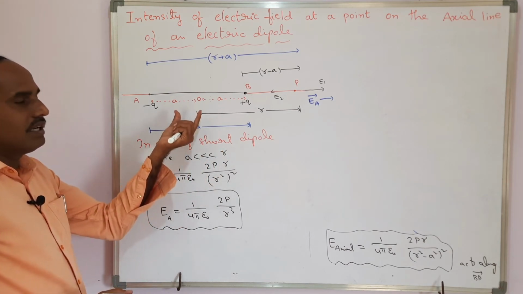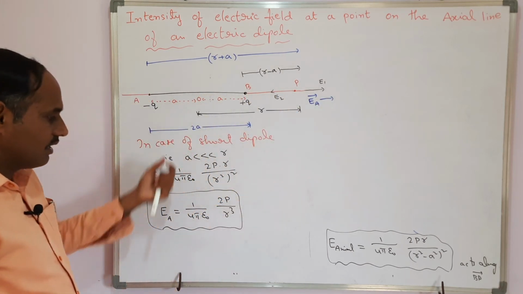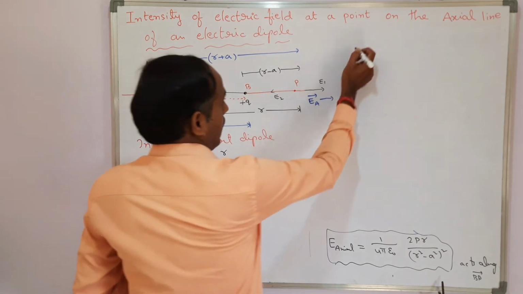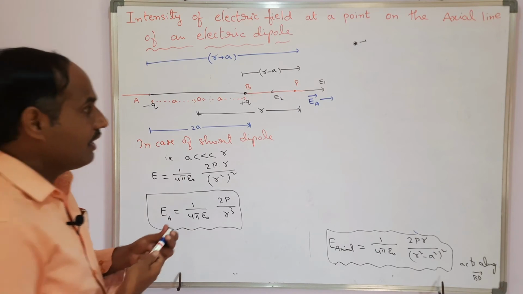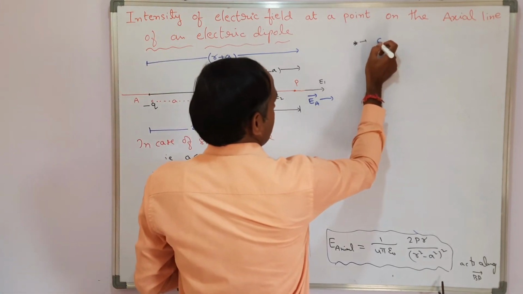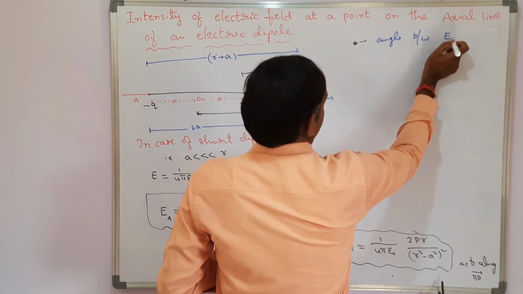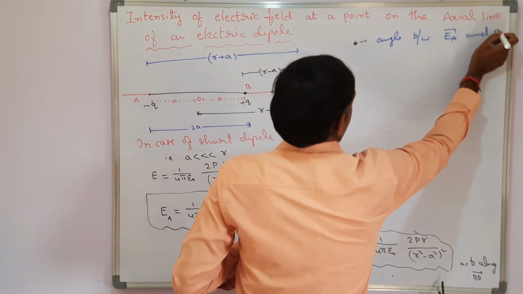It means the length of the dipole is negligible as compared to the distance of that point from the center of the dipole. Now one more important point from the exam point of view: what is the angle between E on the axial line and the dipole moment p bar?